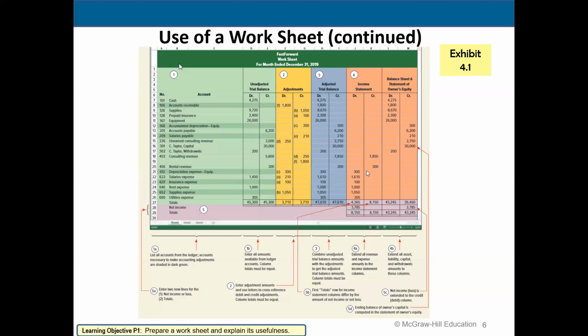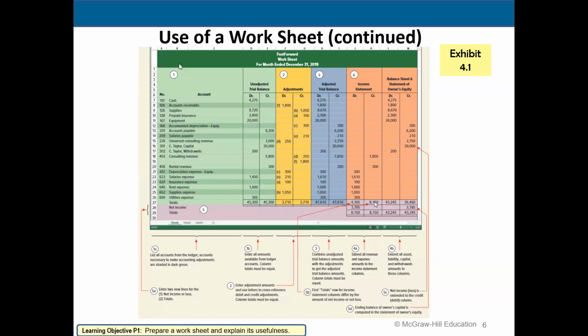And so for the income statement, it'll be the revenue accounts and the expense accounts. Those are the ones that are going to be part of the income statement. We'll see when we total those two up, they don't match. Everything else, the debits and credits match, but in this case, they don't. And the reason for that is, well, we had more revenue than we had expenses.